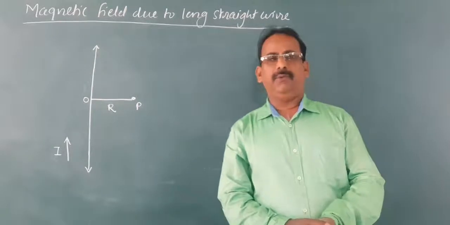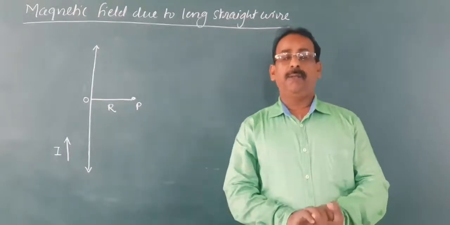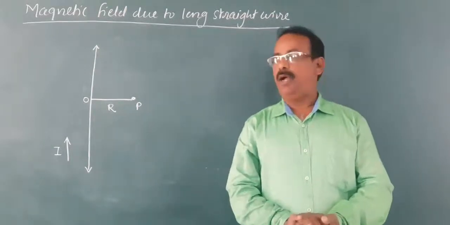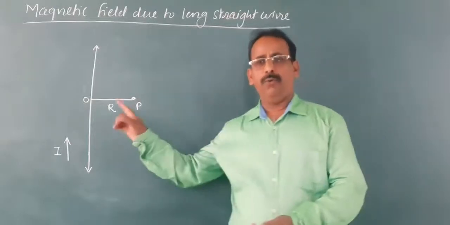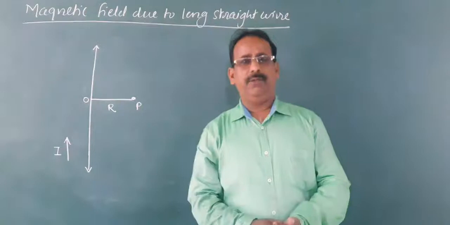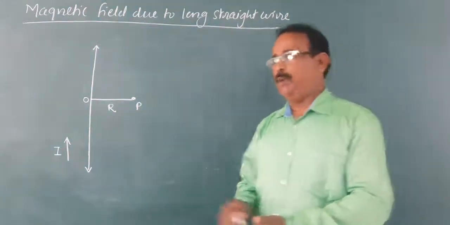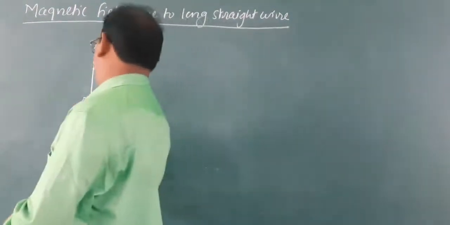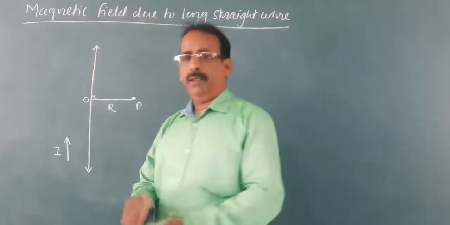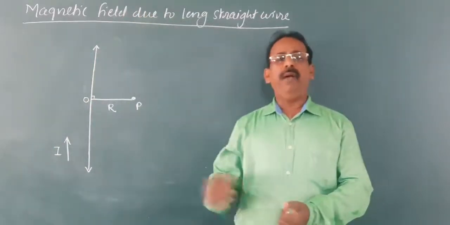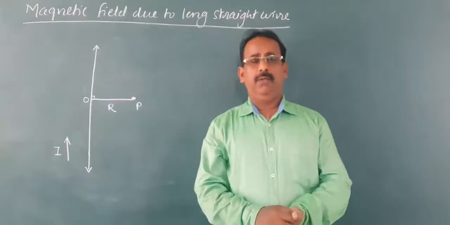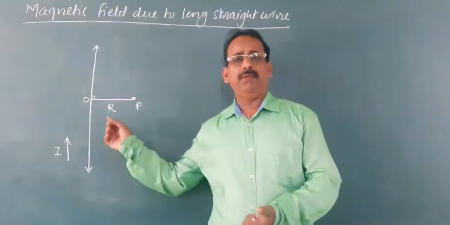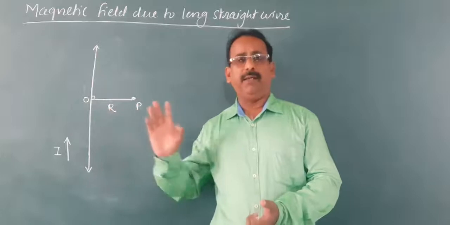Length OP we have taken equal to r. This point O, which is the foot of the perpendicular, we will consider as the midpoint of this infinitely long wire.